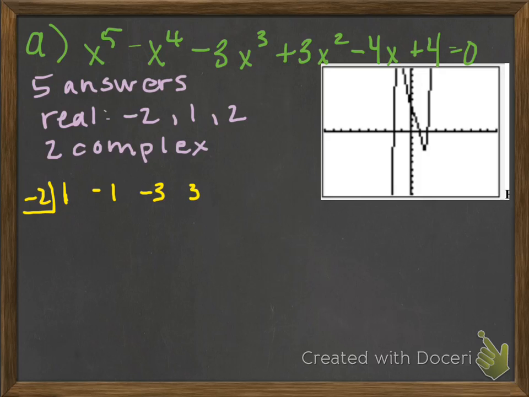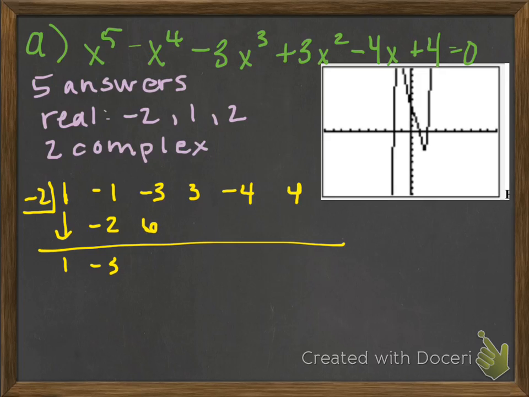So I list my coefficients. Don't write extremely large in this section because this example has a lot of steps to it, not that it's difficult. So I drop my 1, -2 times 1 is -2. Now I add, and we get -3. -2 times -3 is +6. When I add, I get +3. When we multiply, -6, add, we get -3. Multiply, we get +6.